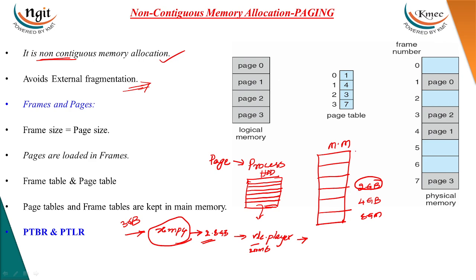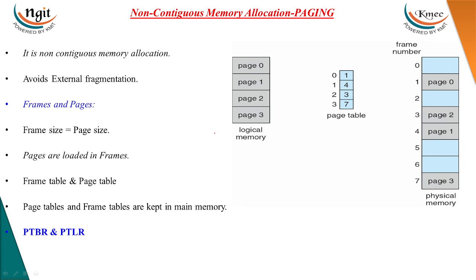Similarly, main memory is also divided into equal partitions, and they are called frames. So the process is divided into pages and main memory is divided into frames.